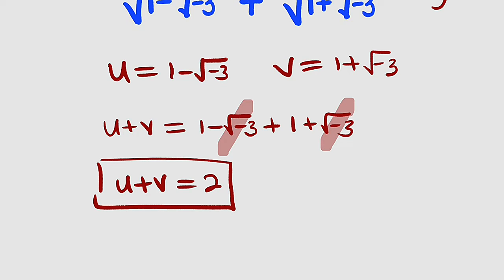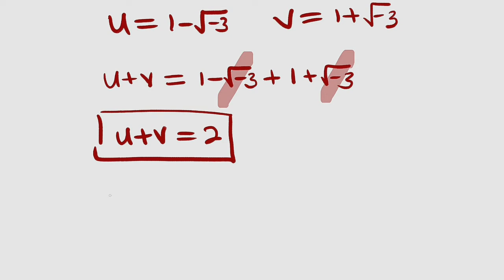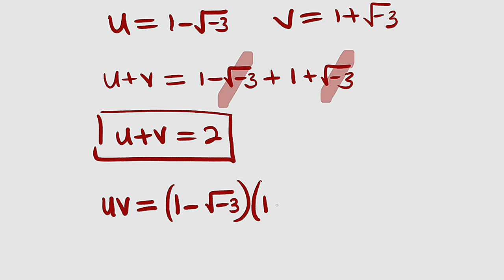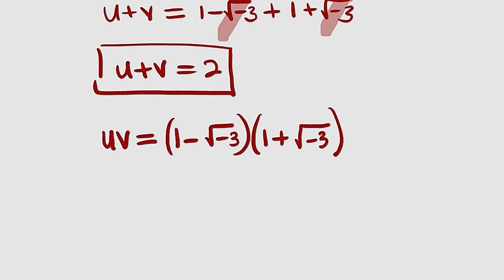Then I want to compute the product. We have u multiplied by v equal to 1 minus the square root of negative 3, multiplied by 1 plus the square root of negative 3. All right, these are just a difference of two squares.